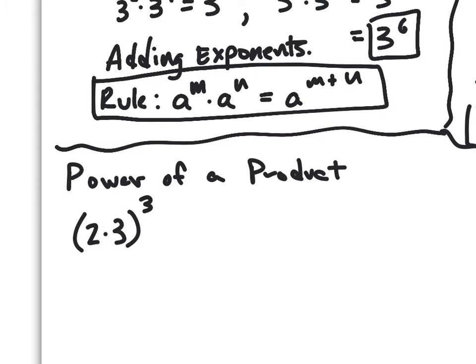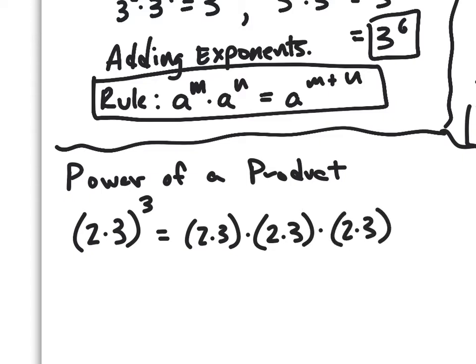Now when I multiply numbers, and if I group them together, I can ungroup them and reorder them. That only works when you multiply. So if I rewrote this, I would write 2 times 2 times 2 times 3 times 3 times 3. And if I have 2 multiplied by itself 3 times, all I have there is 2 cubed times 3 cubed.